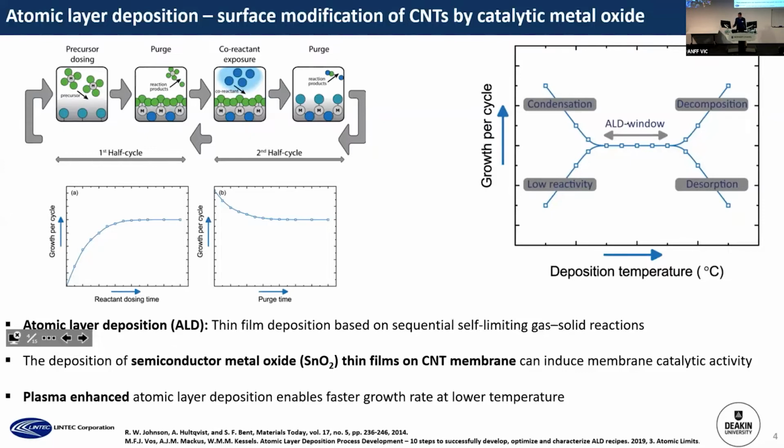So by optimizing the dosing time and the purge time, we can have a consistent growth per cycle, and we can also select the deposition temperature suitable for the deposition of the target material. And here we selected tin oxide specifically because it can be deposited at relatively low temperature, around 100 to 150 degrees, and also it has excellent photo-electrocatalytic properties.